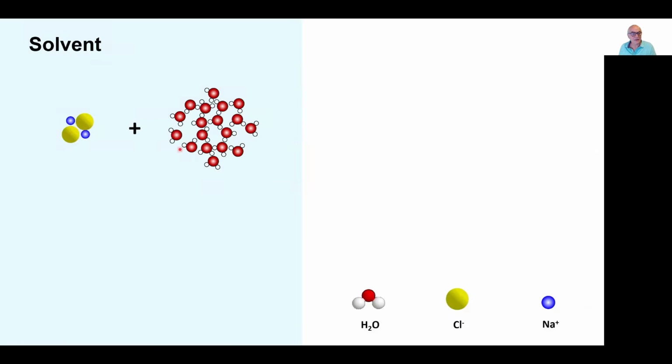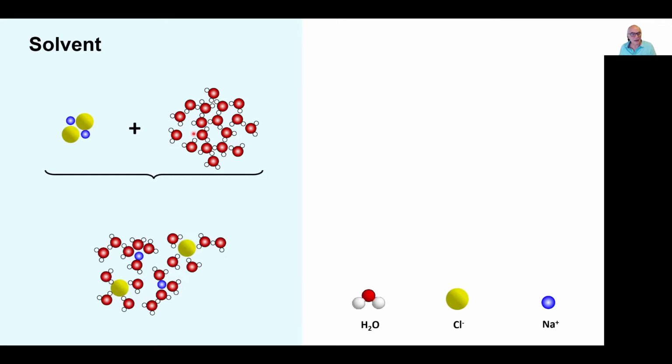Now, this is a solid and this is water. Now, when I combine them, look what happens. The water molecules begin to go, the tail, which is more negative, will go to the more positive cations, the sodium. See how they get organized. And the ears of the other water molecules, which are the positive end, will go to the negative ion, the anion, the chlorine, and eventually begin wedging in and breaking these ionic bonds.